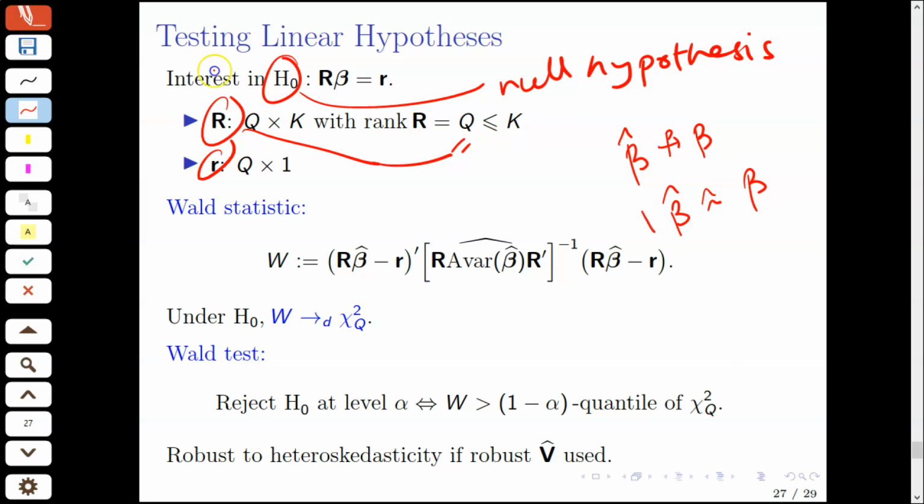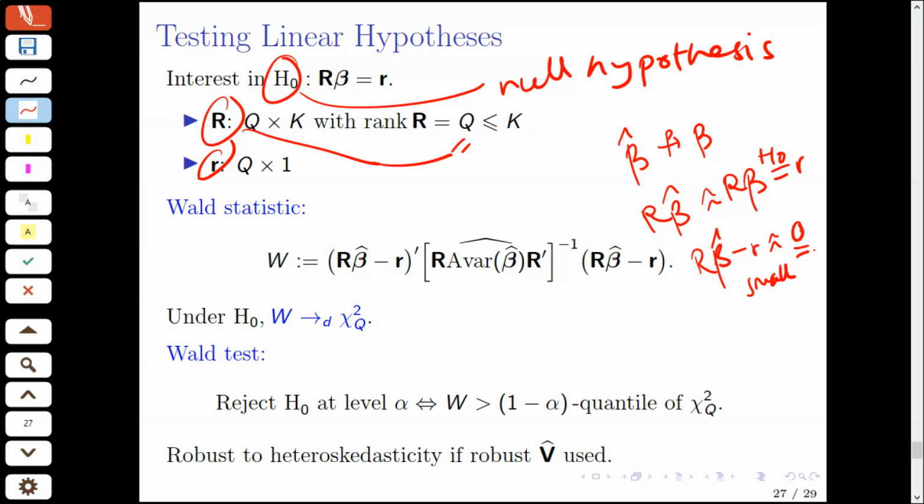In that case, if we multiply it by some matrix, capital R, then the product of R and the OLS estimator should be close to the product of R and beta. Well, under the null hypothesis, that's just lowercase r. So in other words, R beta hat minus lowercase r should be small, or close to 0, if you will.